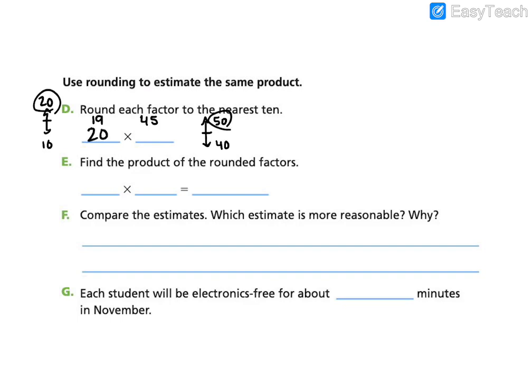So 19 rounds to 20 and 45 rounds to 50. So we need to find the product of 20 times 50. 2 times 50 is 100. So 2 tens times 50 is 100 tens, or 1,000.